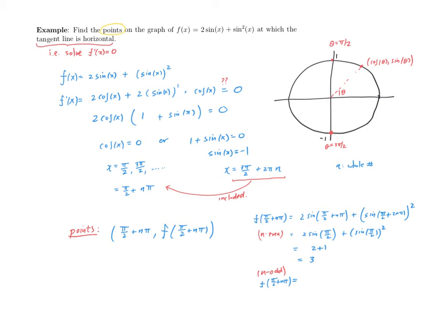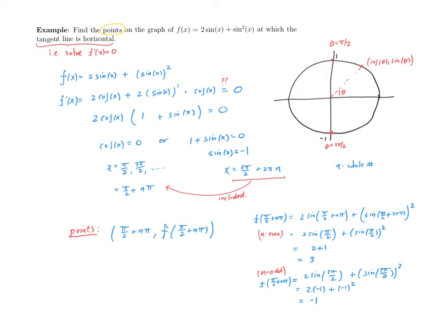So I know it's not an easy problem because there's a lot going on, but 2 sine of 3 pi over 2 plus sine of 3 pi over 2 squared. So this would be 2 times minus 1 plus minus 1 squared, which is a negative 1, because we have minus 2 plus 1.